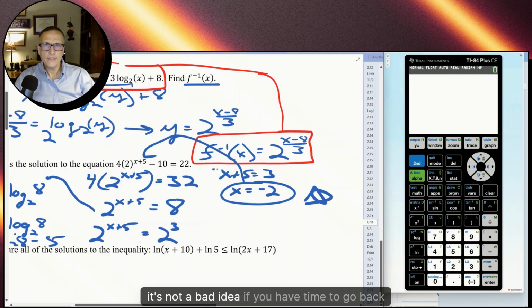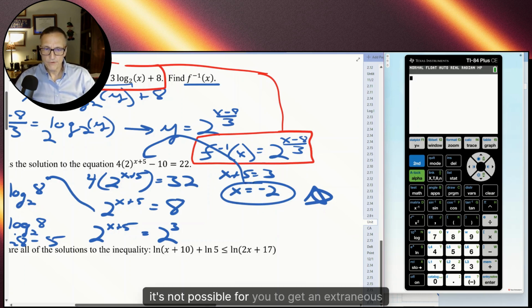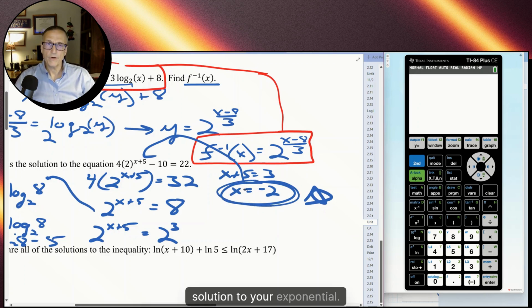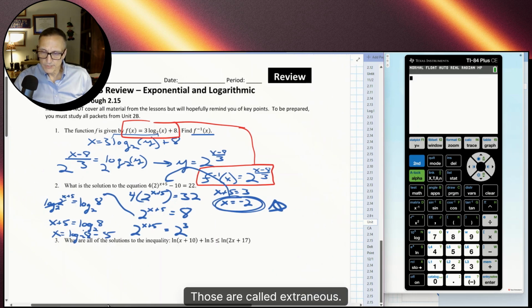I mean, it's not a bad idea if you have time to go back and make sure that it actually is a solution by plugging it back in. But my point is, unlike logs, it's not possible for you to get an extraneous solution to your exponential. As you're going to see when we work with logarithm equations, it is possible to get answers that are not really answers. Those are called extraneous.